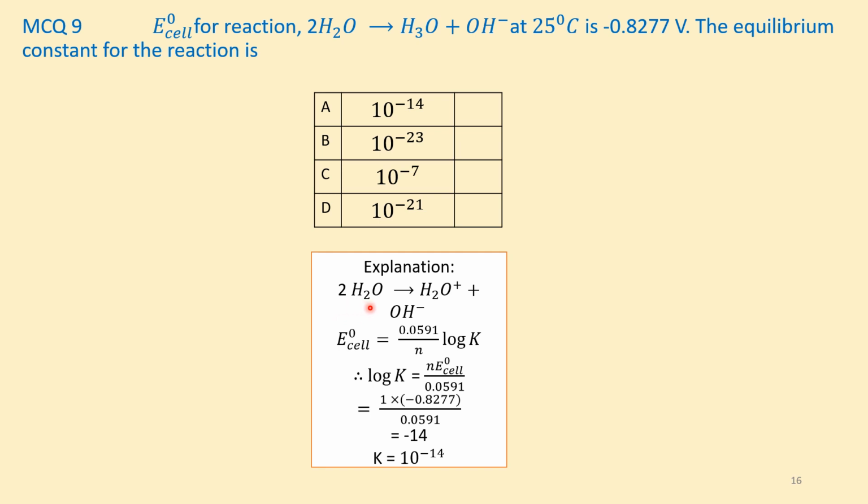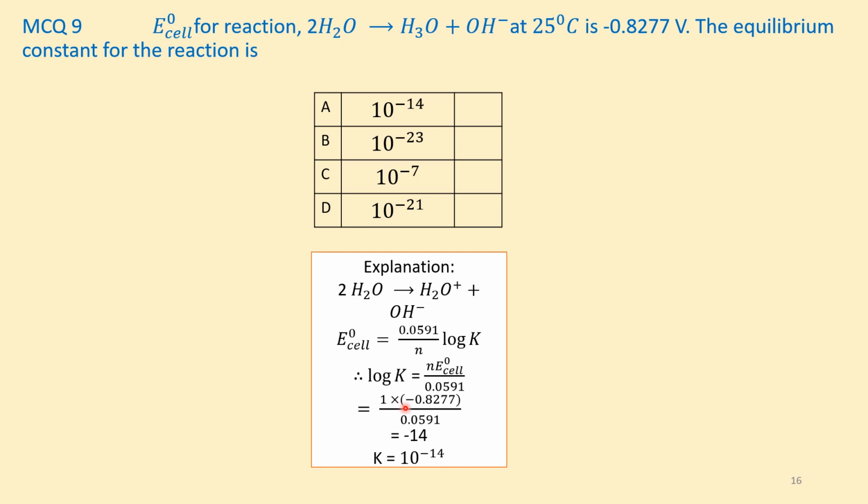It is given that 2 H2O forms H3O plus and OH minus. Therefore, E naught of cell is equal to 0.0591 divided by n into log of k. Therefore, log of k is equal to n into E naught cell, standard potential, divided by 0.0591.